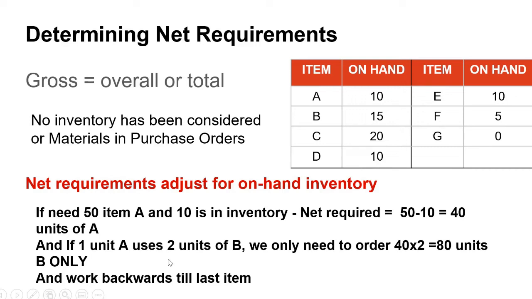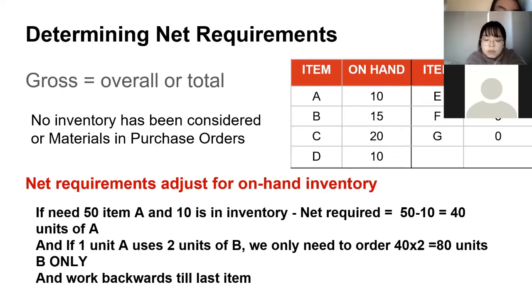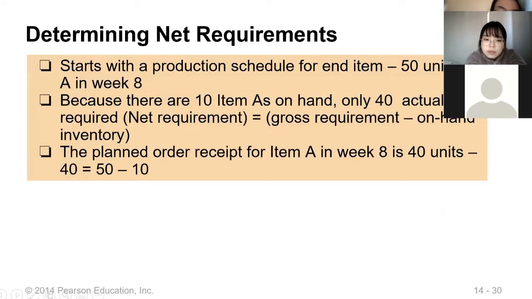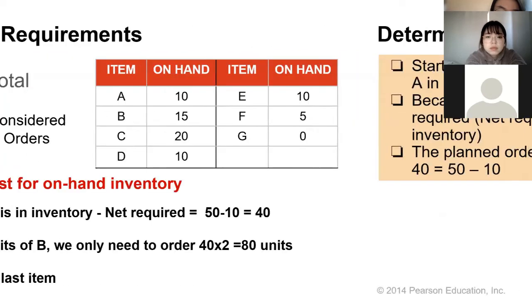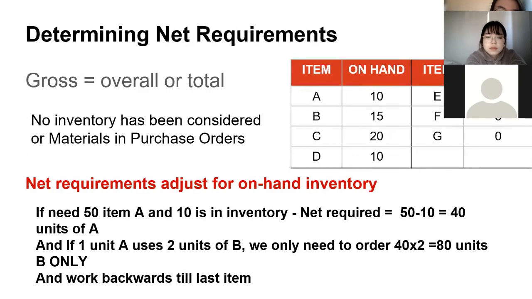So we don't want to use the gross number anymore. Gross is just gross, okay? But in reality, in planning, you are going to plan for the actual on hand, and you don't want to order more than what is required. So that's the meaning of net, okay?